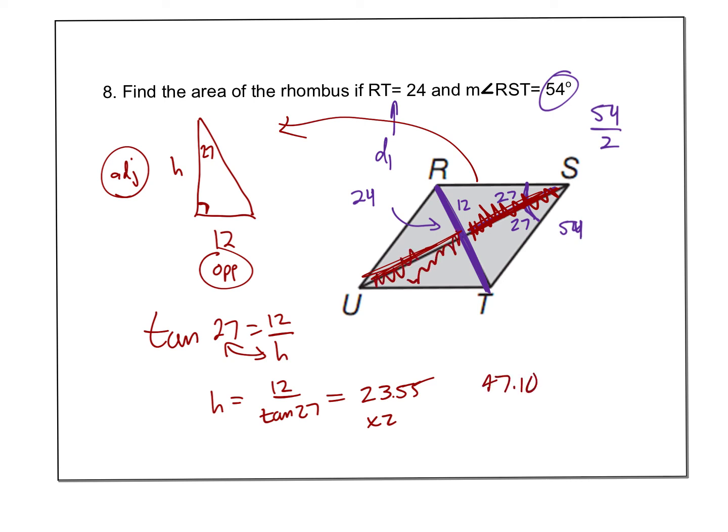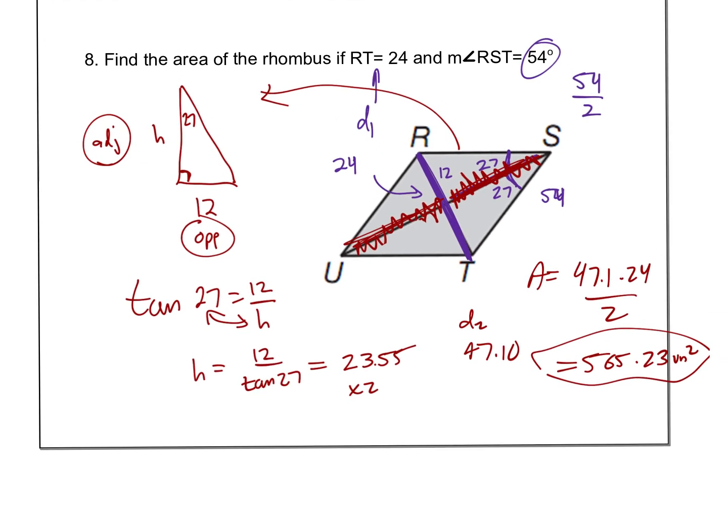So this would be diagonal 2. So my whole area is 47.1 times 24 divided by 2. So I get about 565.23 units squared.